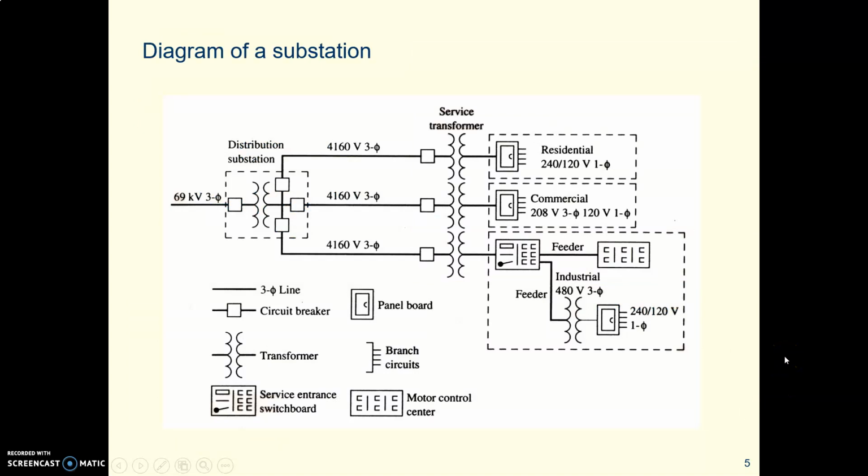Here's a diagram for a substation. Here is where line voltage is coming in from the transmission lines into the substation. Recognize that symbol? That's a transformer. And this is a step-down transformer, 69,000 volts coming down to 4160 volts.